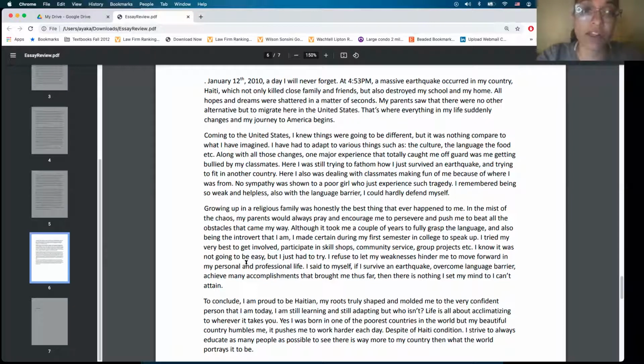The other piece of feedback is that the essay starts out the same way a lot of essays start out, in terms of wherever that person was. If there was a world news event, they start out with the date. I understand why, but what I personally would advise this person to do is ask, where were you when the earthquake happened?